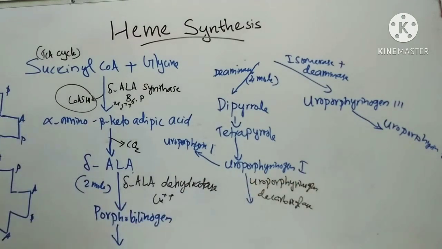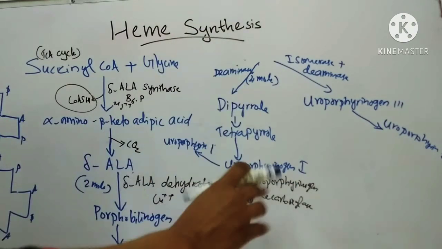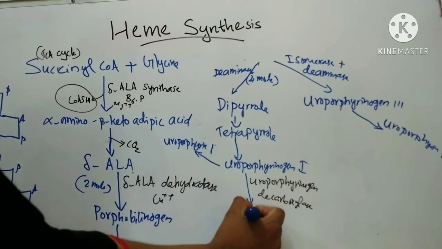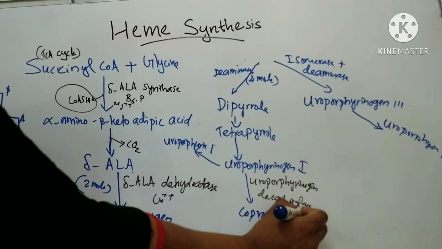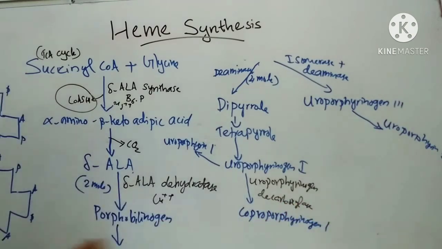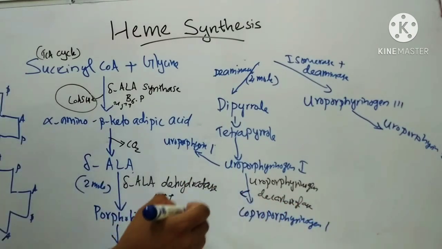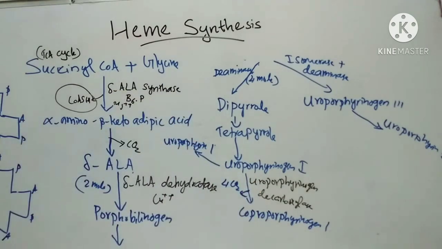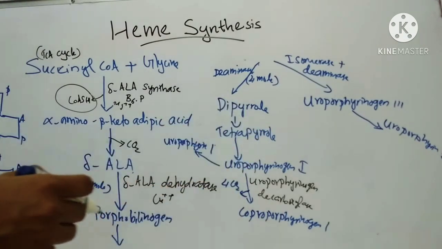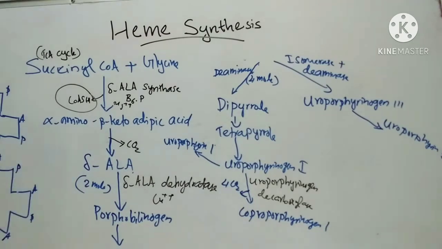It forms coproporphyrinogen 1. This is a minor series. By decarboxylation, 4 molecules of carbon dioxide are liberated. So uroporphyrinogen 1 is converted to coproporphyrinogen 1.